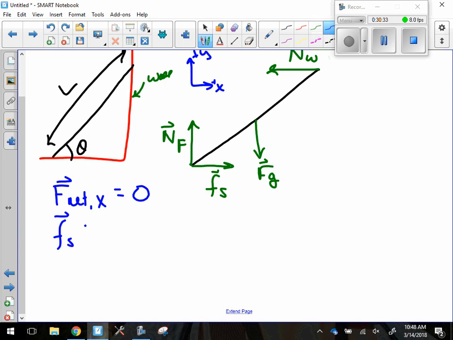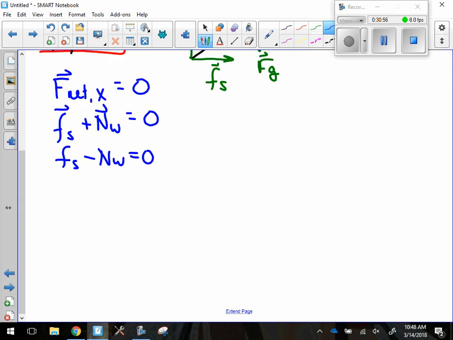So I've got my friction force and the normal force from my window. Friction force, positive or negative? Normal force from the window, positive or negative? So this is cool because that says that my friction force is equal to the normal force from the window.